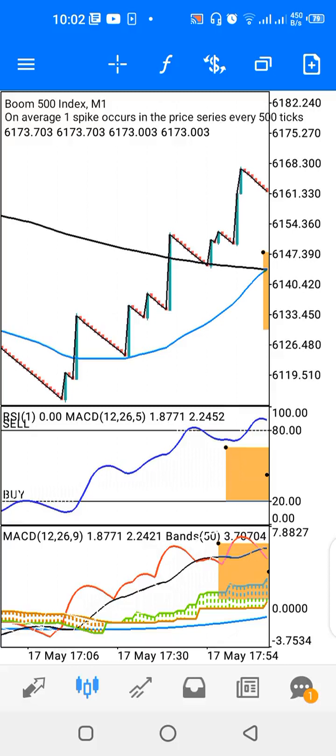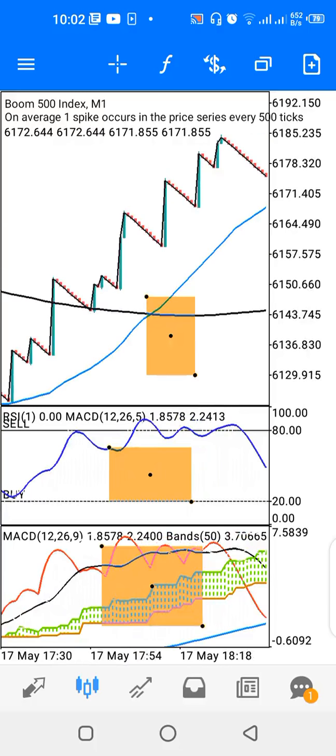If I'm selling Boom index and it goes in loss, as in if it spikes, the rate at which I'll lose my money will be much faster. So I'll prefer to only buy when trading Boom index, and only sell when trading Crash index. So we'll only look for buy signals as far as this strategy is concerned.